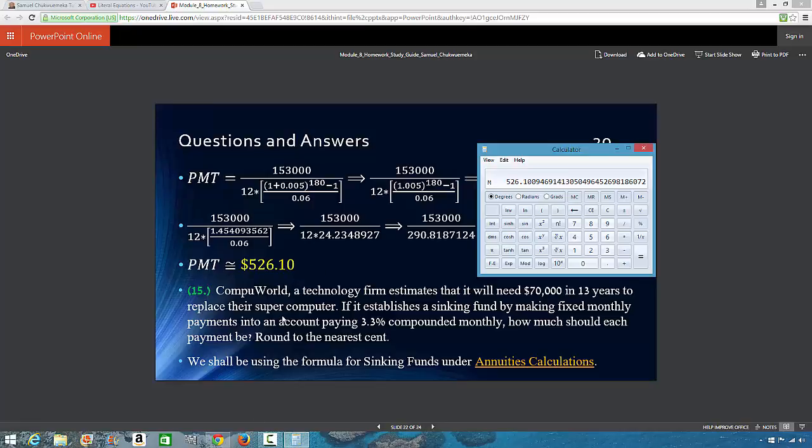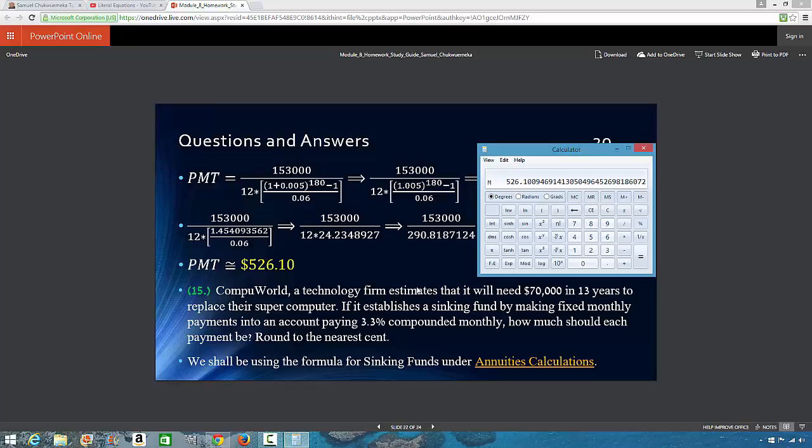Question 15. CompuWorld, a technology firm, estimates that it will need 70,000 in 13 years to replace their supercomputer.